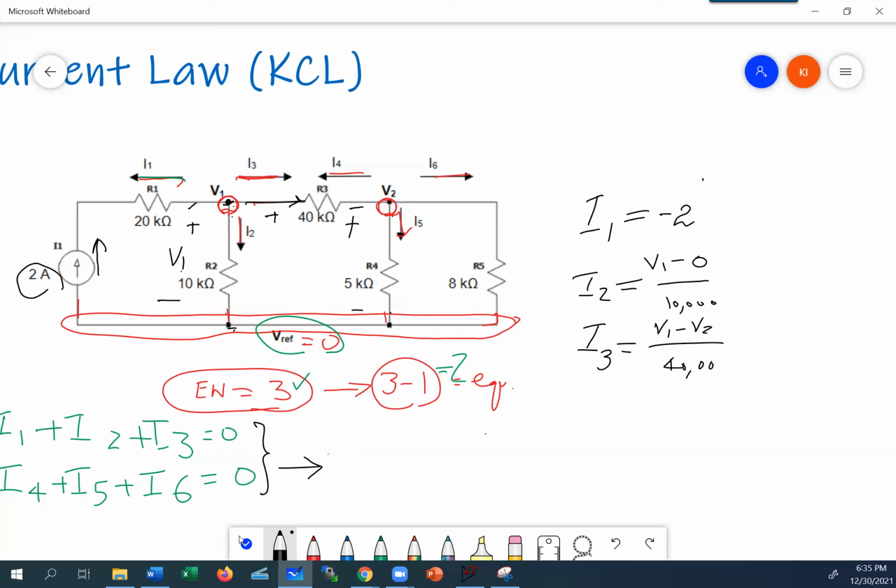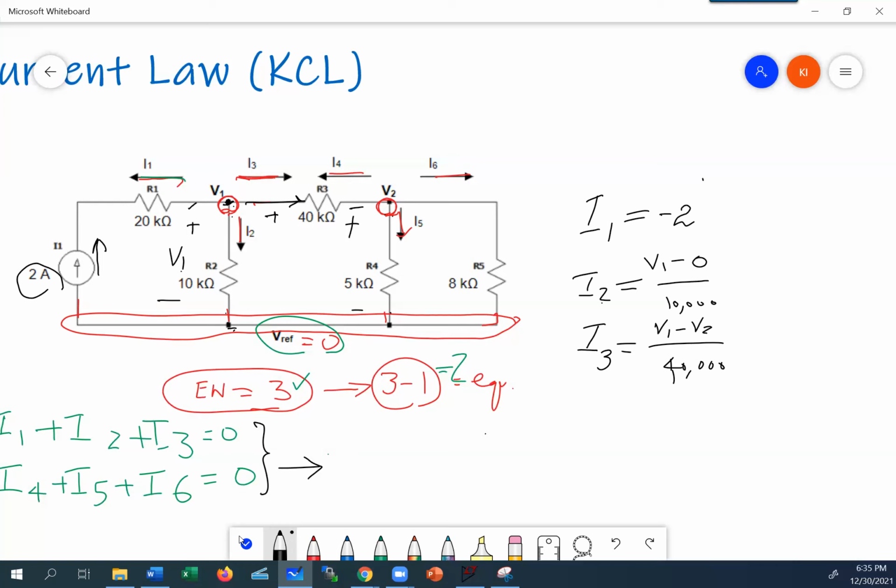And notice I'm translating everything to ohms, so there's no funny business about what unit current is in, what unit voltage is in. We know voltage is going to be in volts, current is going to be in amps. Okay. So now what we've done, we found I1, I2, and I3.